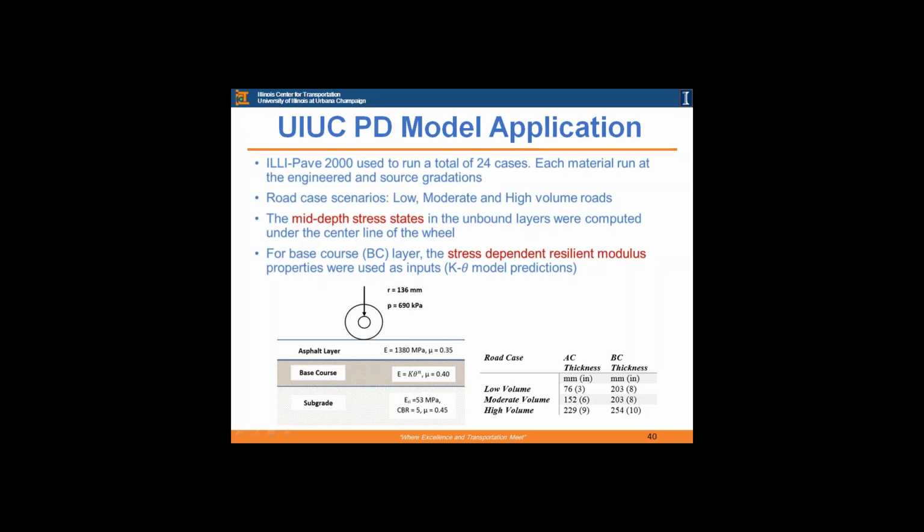And we actually incorporated the resilient modulus results here by using the stress-dependent resilient modulus inputs for the base course models. So we use the K theta model fitting for the resilient modulus results. And we assumed the typical values for the layer moduli and properties.